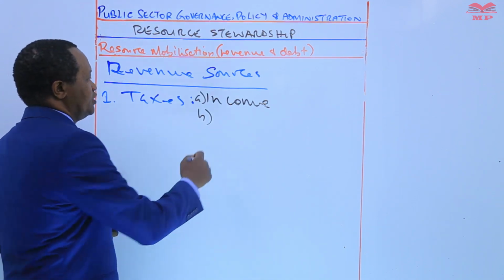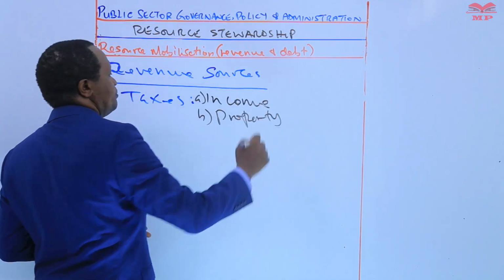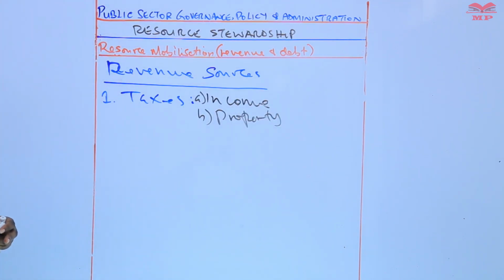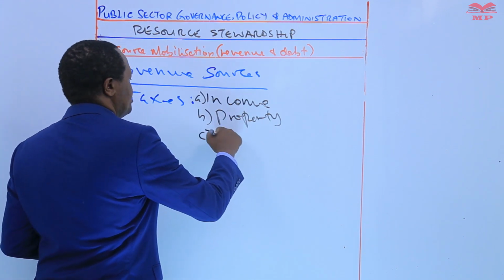Tax can also be levied on property. Property tax. These are taxes on real estate and other assets. Taxes can be levied on consumption.